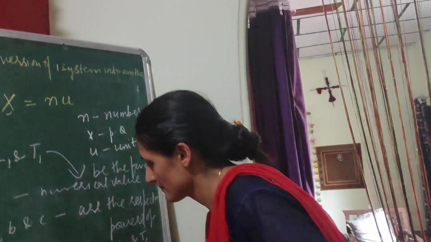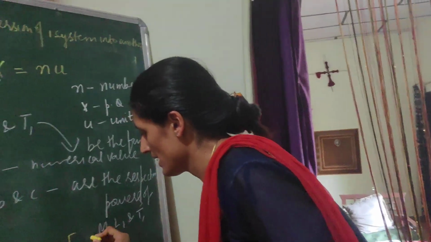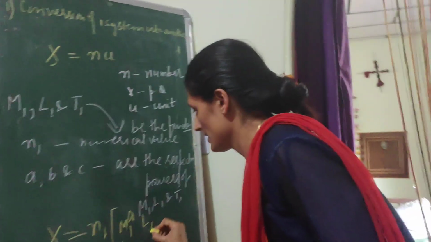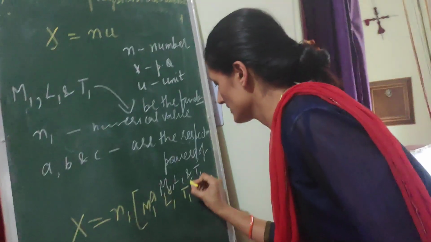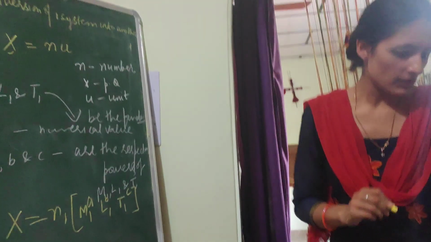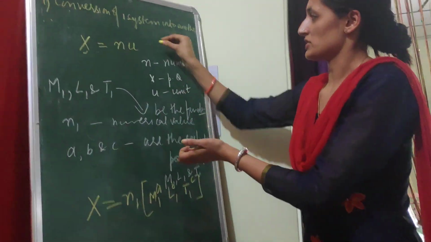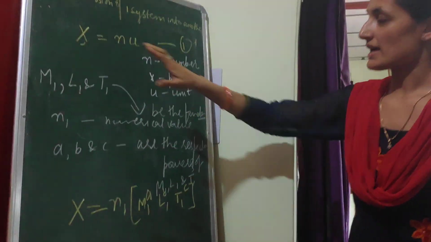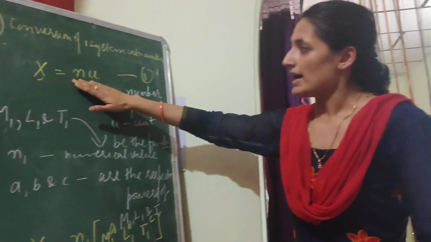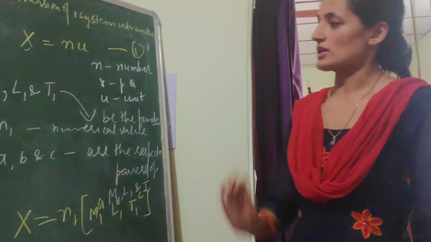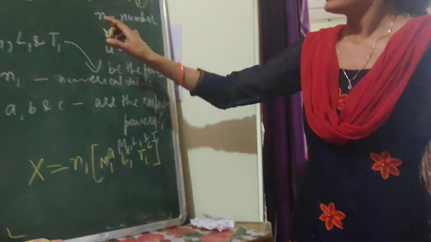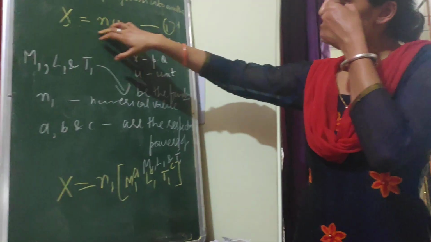So X comes out to be N1 M1^A L1^B T1^C. I hope it is clear to you. We have put these values in this equation. Very simple, because X is a physical quantity, N is a numerical value, and U is a unit. Yes or no? And this is a general formula.